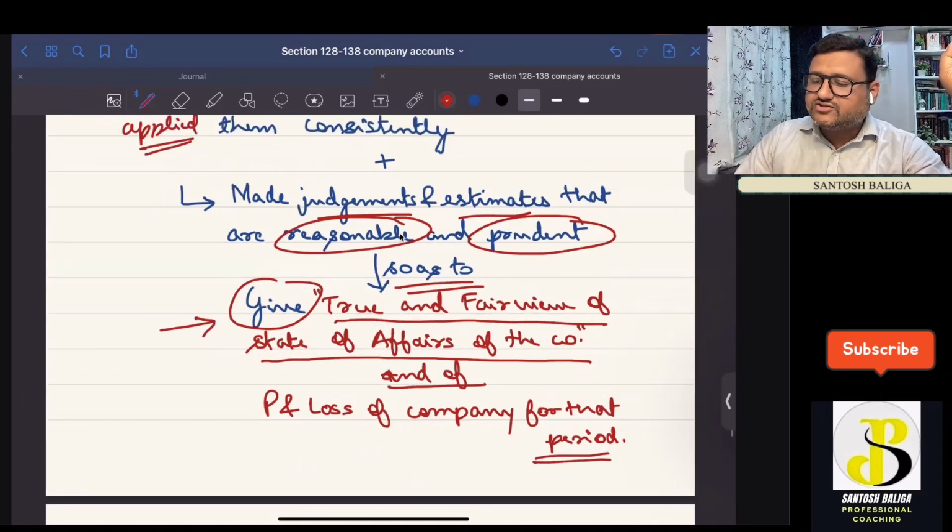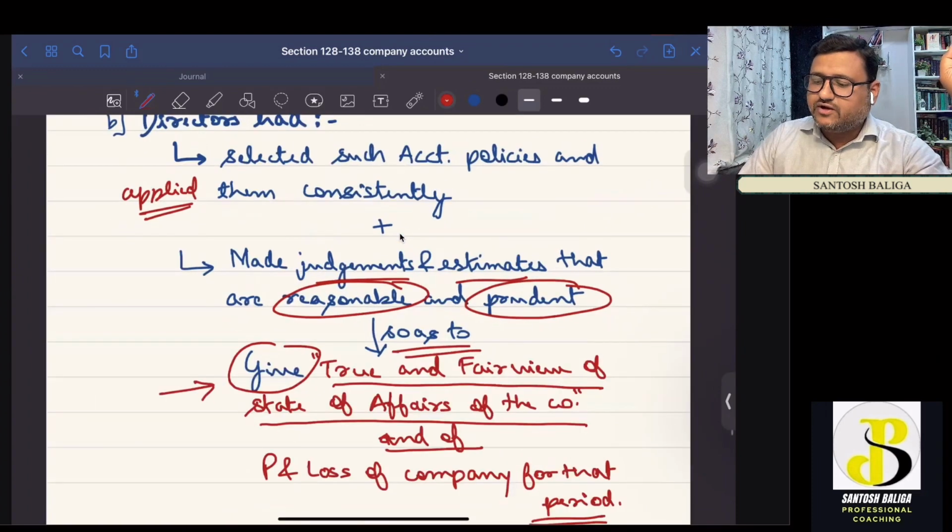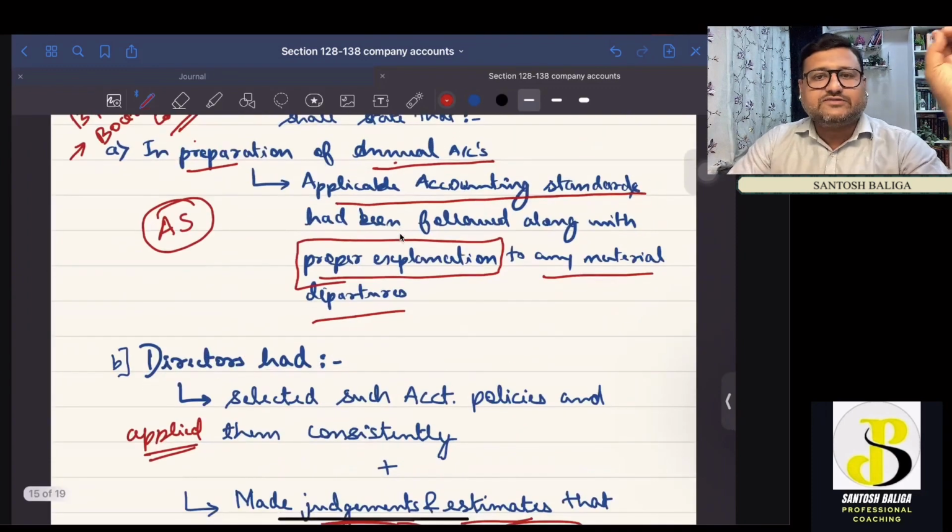So we have so far covered two points. First point was that the directors take responsibility that they have applied the applicable accounting standards. If there is any material departure, then a proper explanation will be provided.